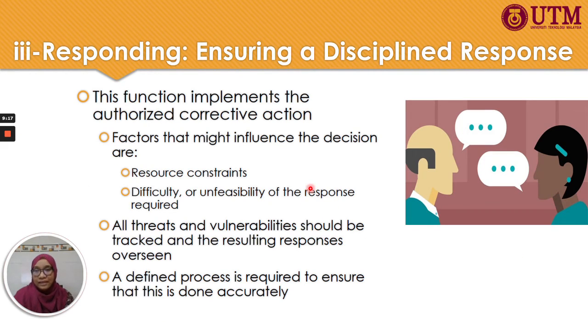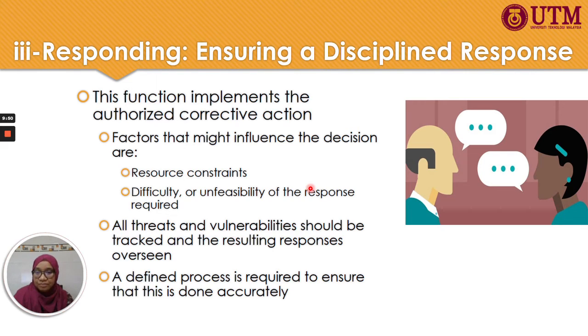And next is the responding. How can you respond and who should you respond to when there's any attack? That's why policy plays a big role, because we clearly define the roles and the responsibilities. So by right, you should respond to the proper channel using the proper authorization, and it must be defined and clearly stated.